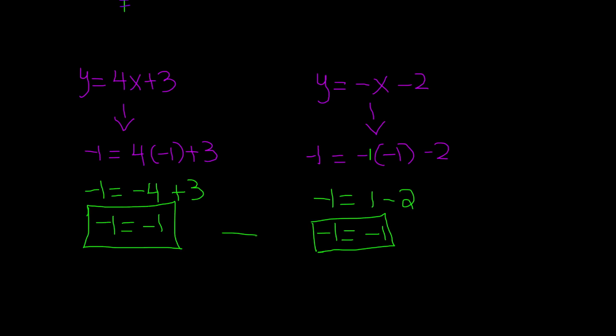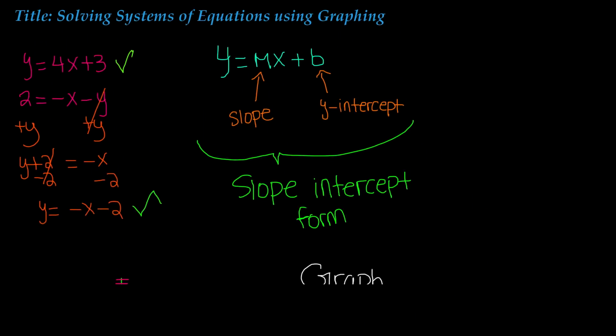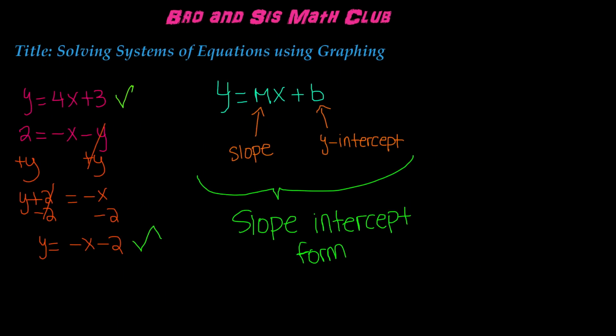That means that our solution is true. So the solution to this system of equations is -1 and -1. That means these points are going to make both equations true.